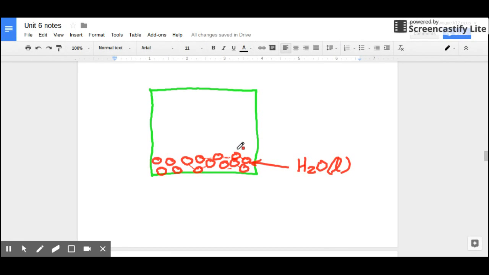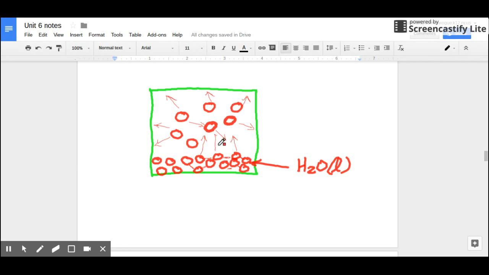So when they escape, they're going to go into this area that's above the water. Oops, I made my circles a little bit big. All right. And we're going to form a water vapor that's up here in this space. And that water vapor is bouncing all around in this space and hitting each other and hitting the walls of the container.